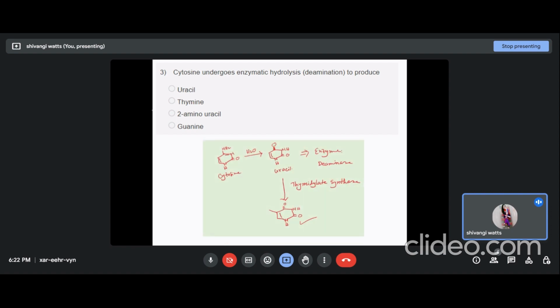If you see, this is cytosine. If we do the enzymatic hydrolysis, cytosine will give uracil.